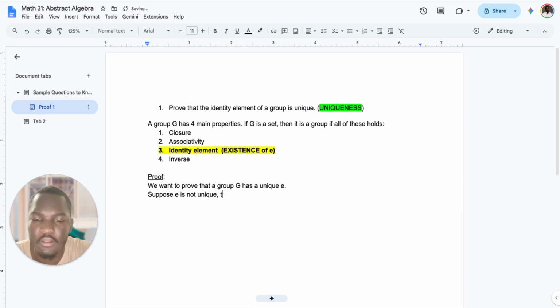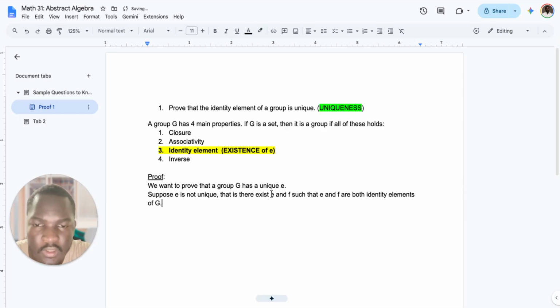That is, there exist E and F such that E and F are both identity elements of G.